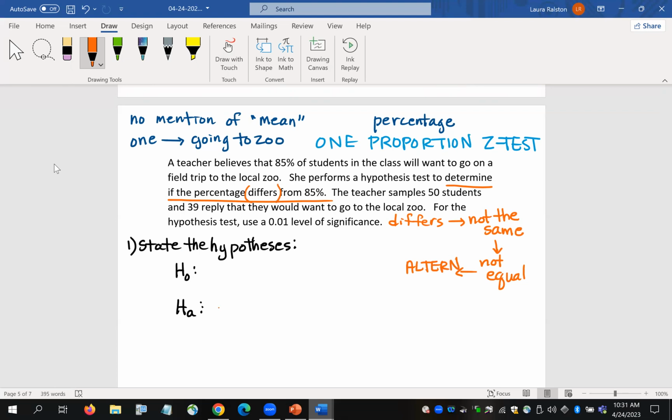So we're saying that my percentage differs or does not equal 85%. And that's the one that's given. If the alternative is differs or not equal, then that means the null has to be equal.